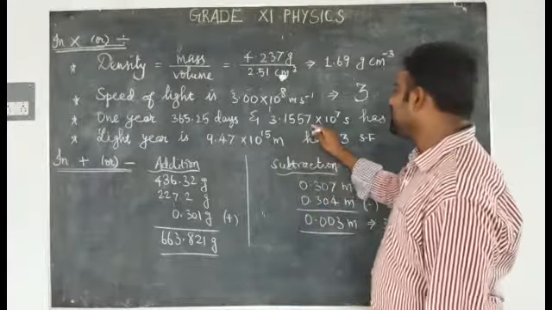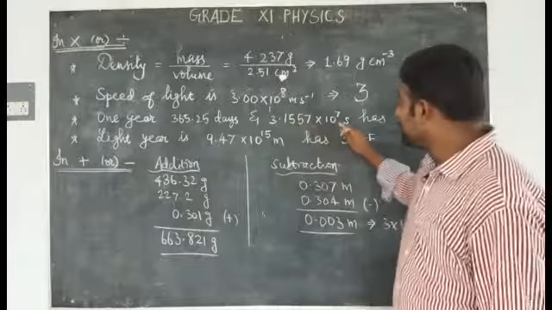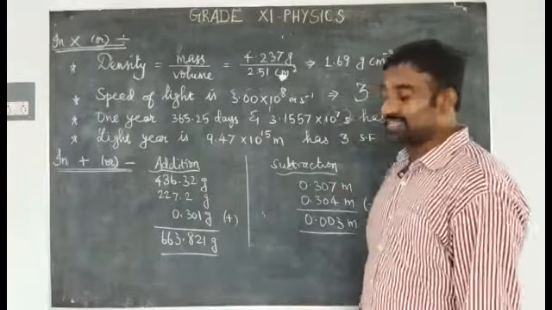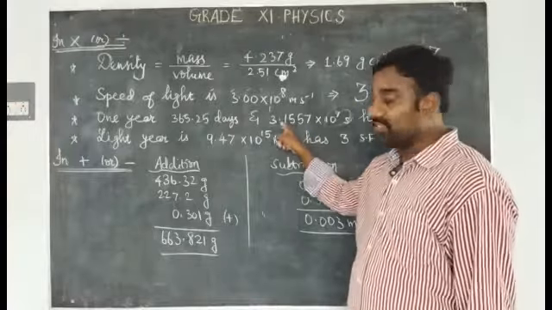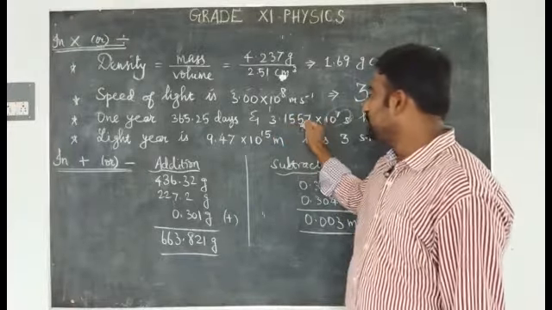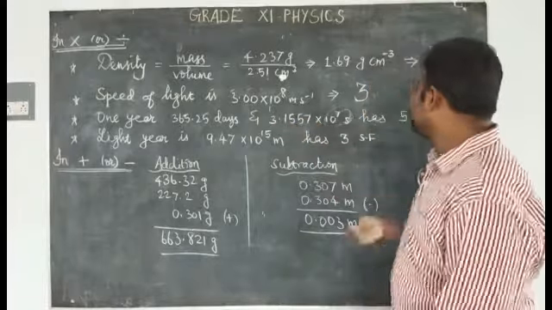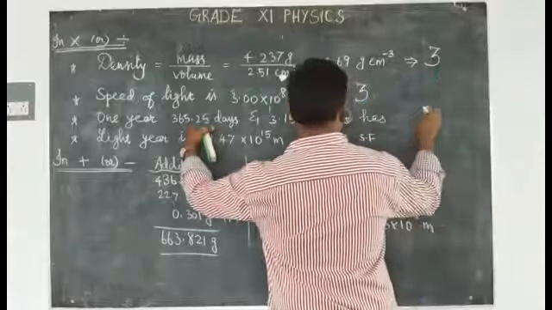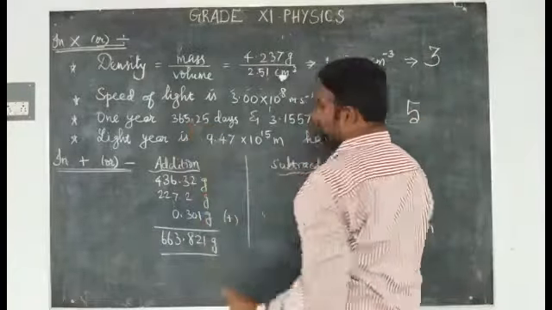Then the value is 3.1557 into 10 to the power 7 seconds. As usual, the power raised we don't consider as significant. Then the 3 is greater than 1, the first uncertain digit. After the decimal, there are 4 remaining numbers. So all together we have 5 significant figures. So in this case, for both examples, the significant figures are 5.